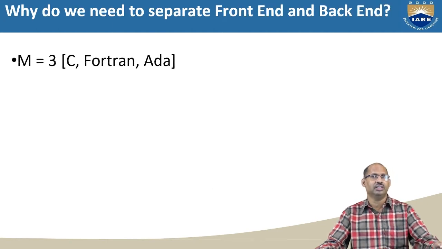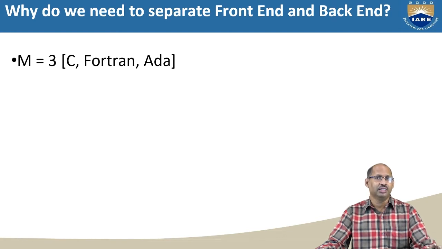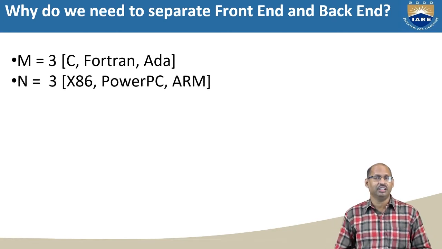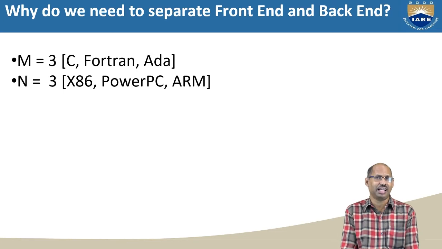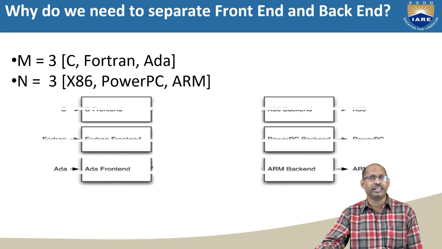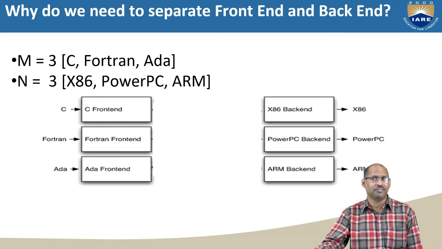Right? So for example, there are M source languages. Here there are three: C, Fortran, and Ada. There are also three machine languages: x86, PowerPC, and ARM. We want to construct a compiler for each source language to each machine language.